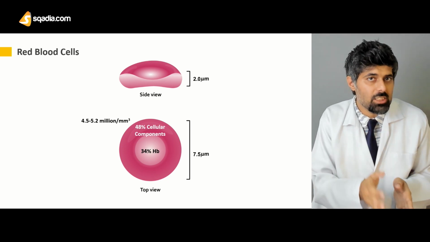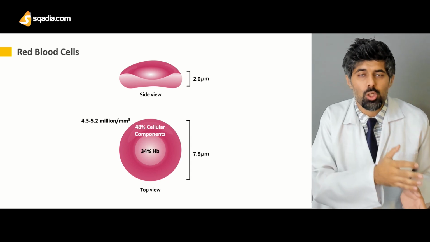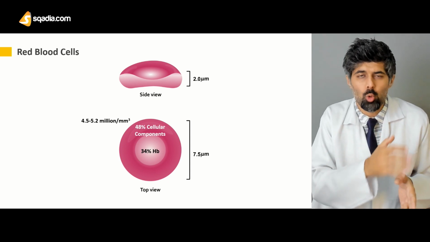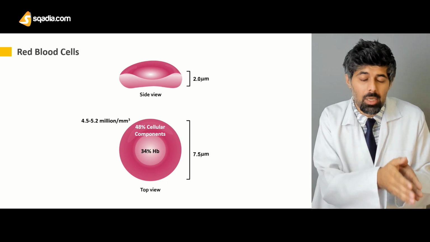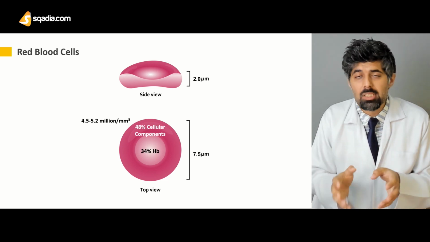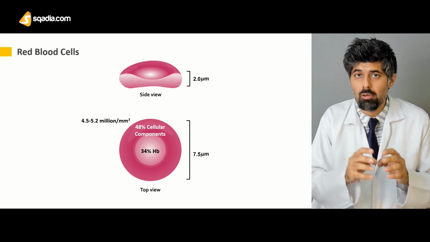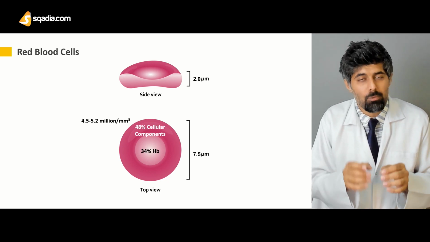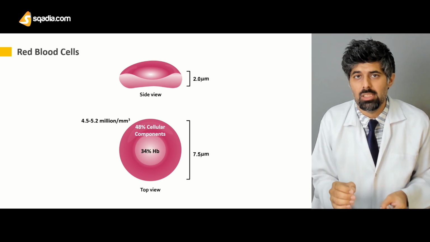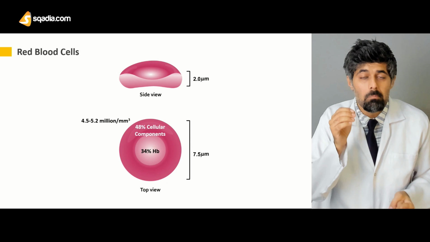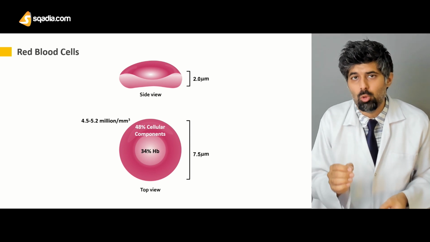The quantity of hemoglobin being produced cannot go beyond 34%. It has to remain at that limit. An RBC cannot fill itself with hemoglobin. It will only remain at a maximum of 34%. And this is known as the metabolic limit of hemoglobin synthesis.